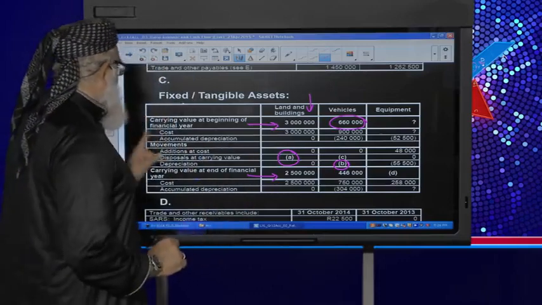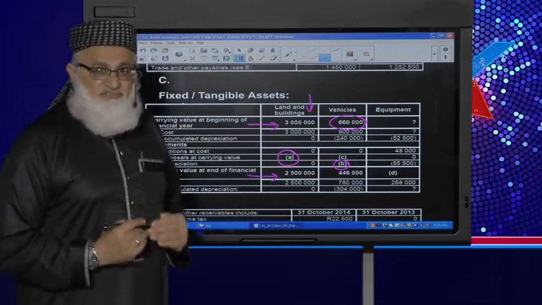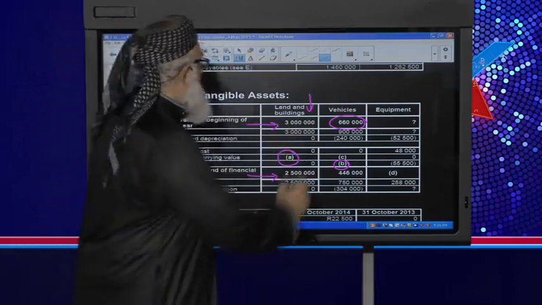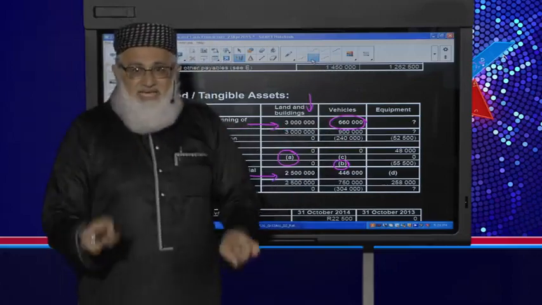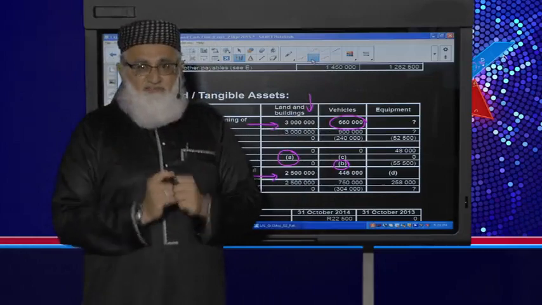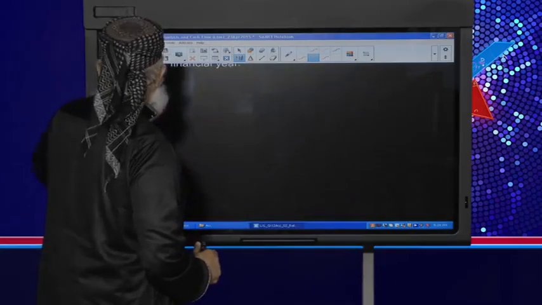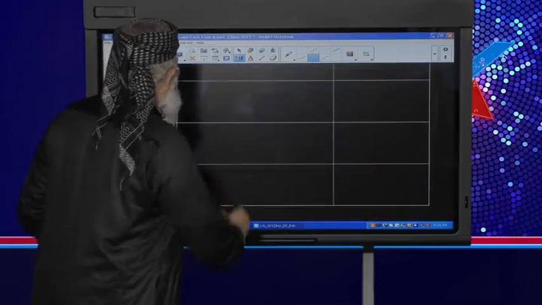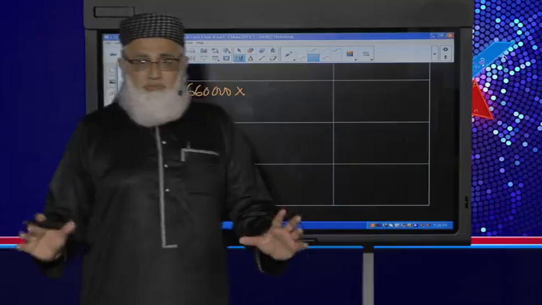I also know that this disposal of mine took place on the last day of the financial year. In other words, 660,000 worth of vehicles was used for the entire accounting period, for the full financial year. Got that, guys? So therefore, if I do my calculation, it's just 660,000 times, remember ART?